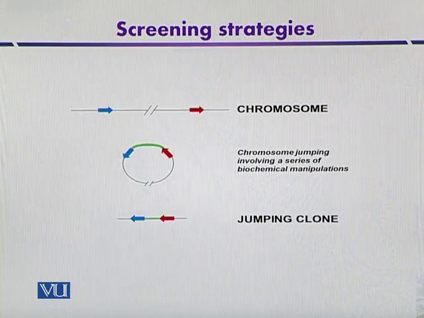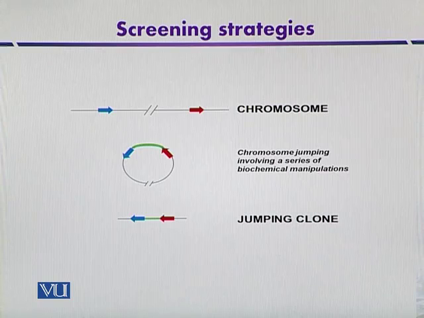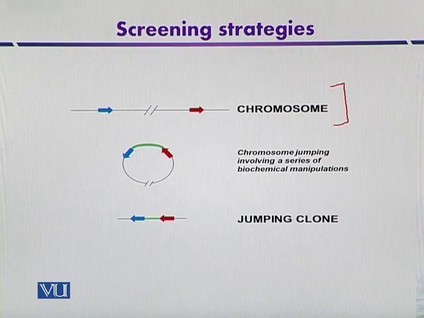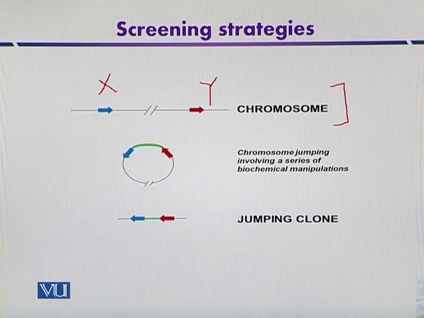For example, this diagram indicates one example of jumping clone or jumping DNA library construction. Suppose this is a segment of the DNA, or it may represent a chromosome that contains two genes. Suppose at the left side it is the X gene and at the other side the Y gene, which are far apart from each other, and how can we manage for these two genes to come close to each other?